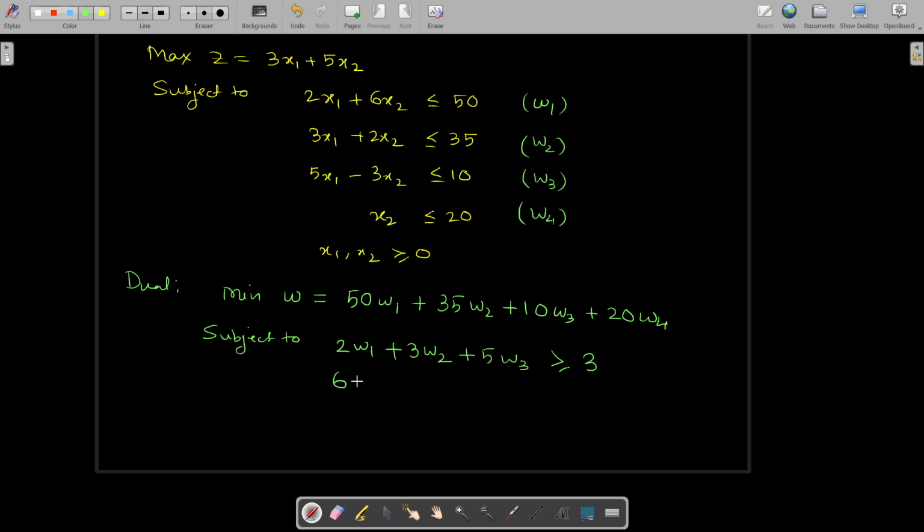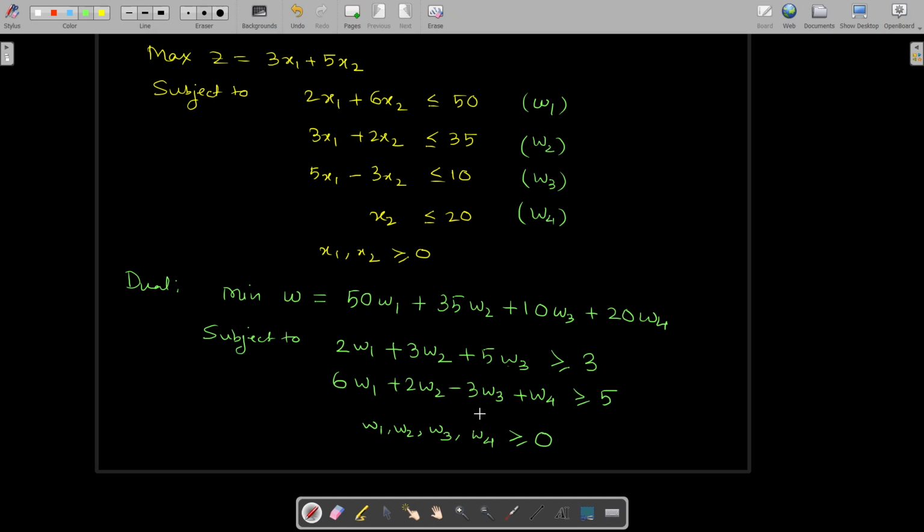So we have 6w1 plus 2w2 minus 3w3 plus w4 greater than or equal to the coefficient 5, and all the variables are non-negative. There will be situations where the variables' non-negativity will be affected. We will see that in the subsequent examples.